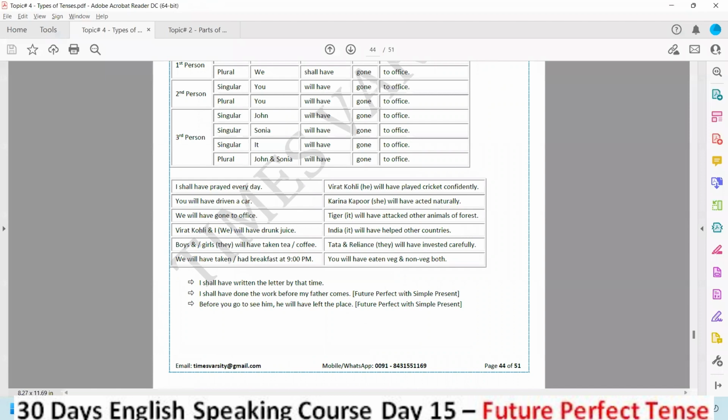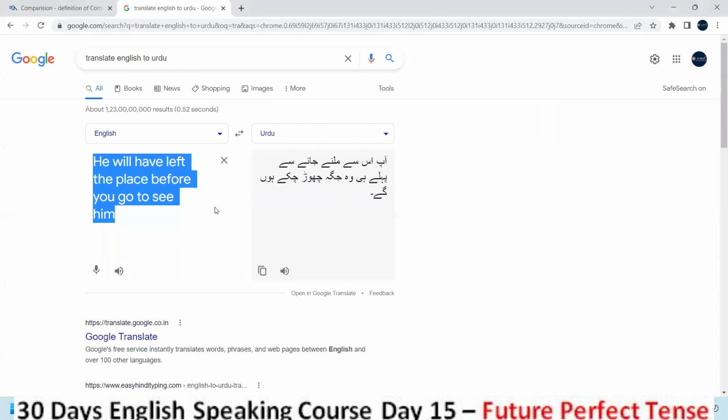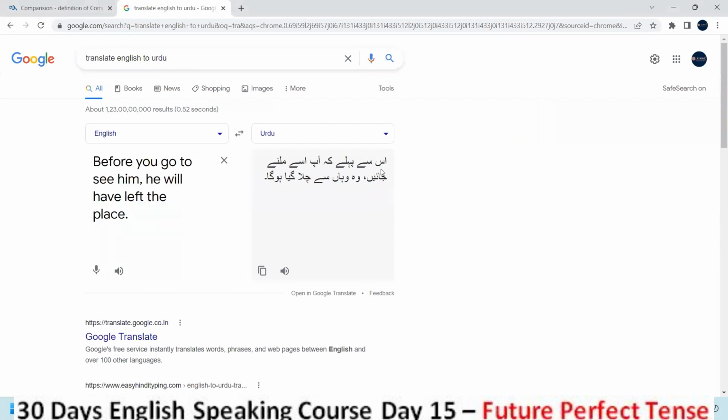If I try to copy the next one, now let's copy the second sentence. इससे पहले कि आप उससे मिलने जाएं, वो वहां से चला गया होगा.